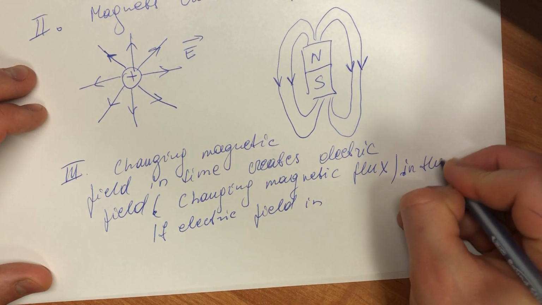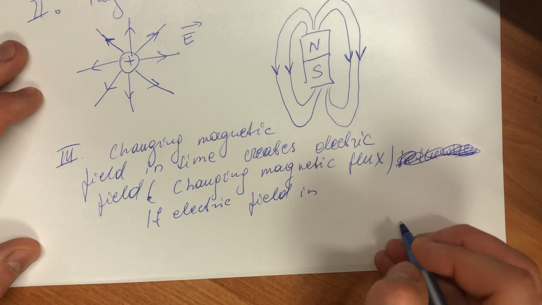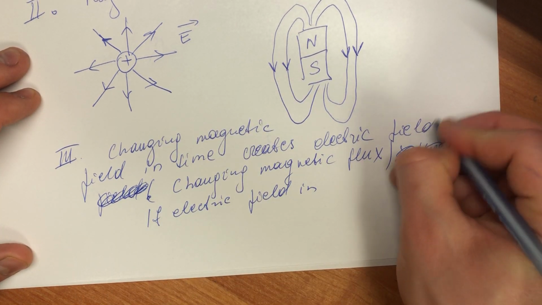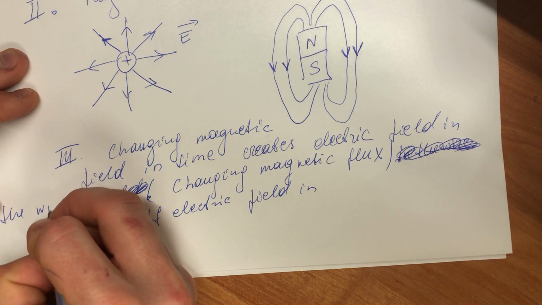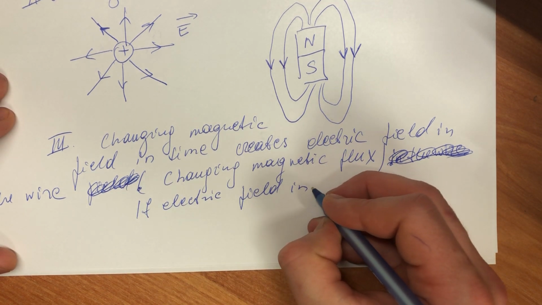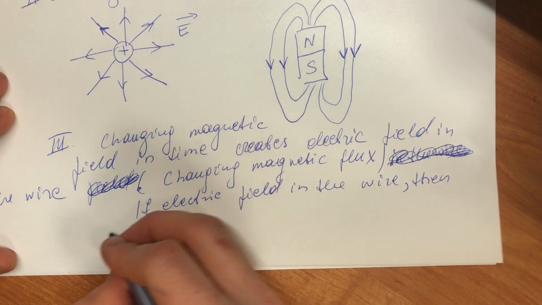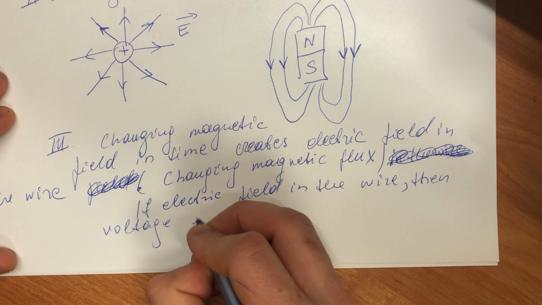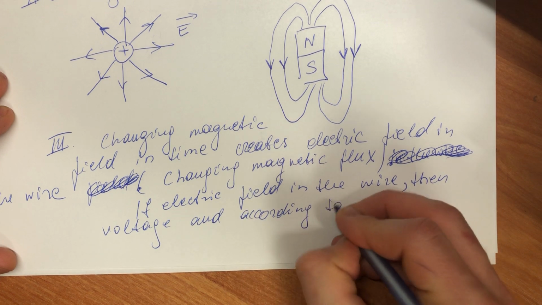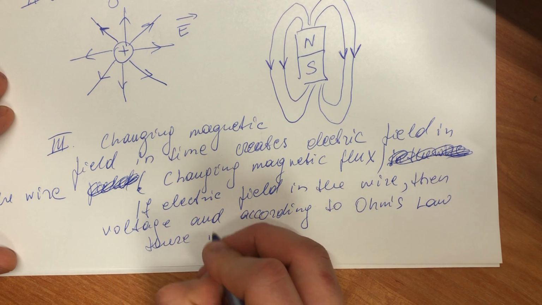So if it creates electric field in the wire, then there is voltage, and according to Ohm's law, there is current.